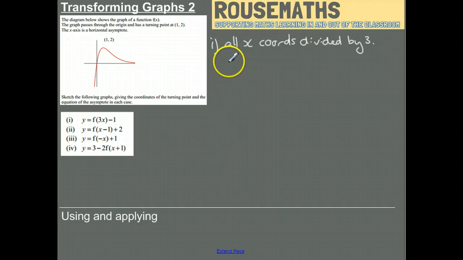The second part, the -1, means that all the y coordinates have 1 taken away from them.